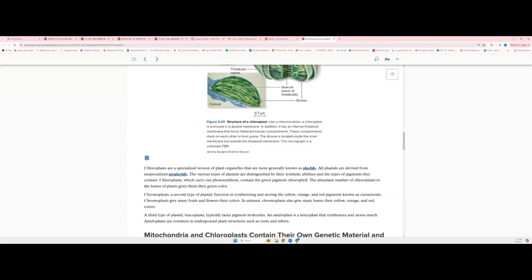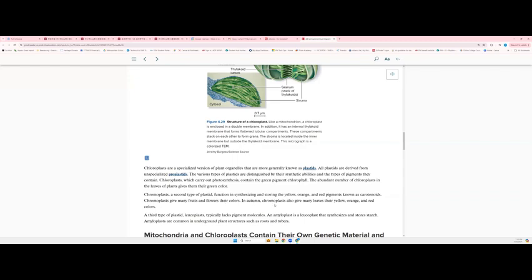Compared to the chloroplast, which has the green pigment, this chromoplast has yellow, orange, and red pigment. This type of chromoplast always exists in many fruits and flowers, because a lot of fruits and flowers have yellow, orange, and red colors.